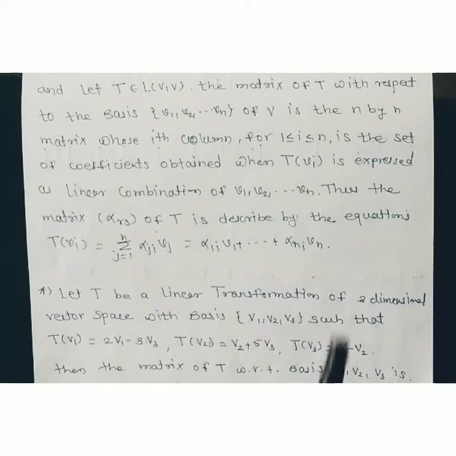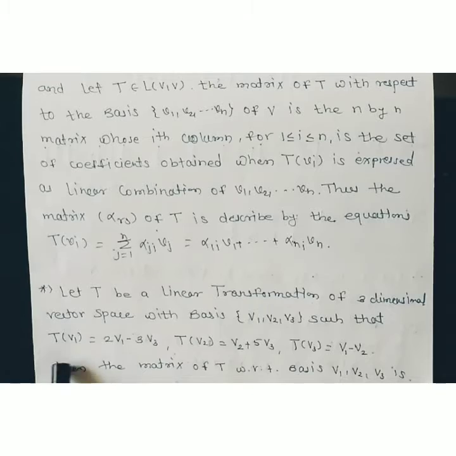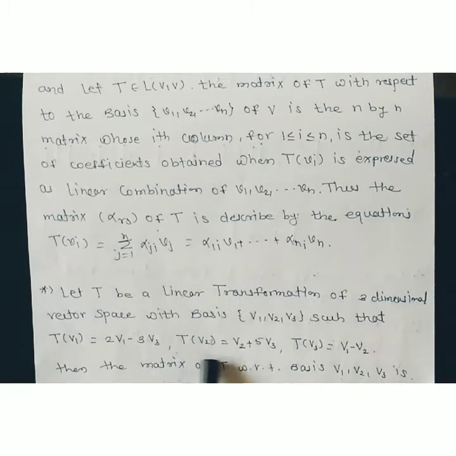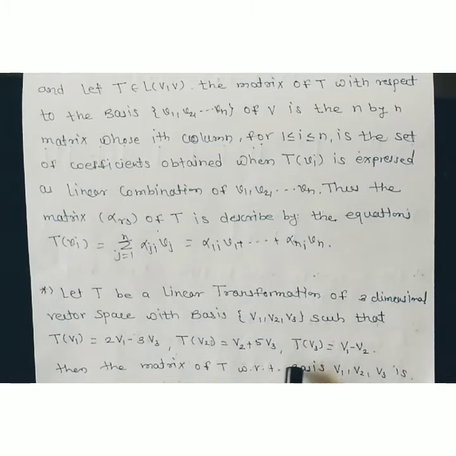We are given T(v1) = 2v1 - 3v3, so by using this equation we can calculate the first column of the matrix. Here T(v2) is given, that is T operating on the second basis vector, so by using this we can calculate the second column of the matrix, and by using T(v3) we can calculate the third column of the matrix.